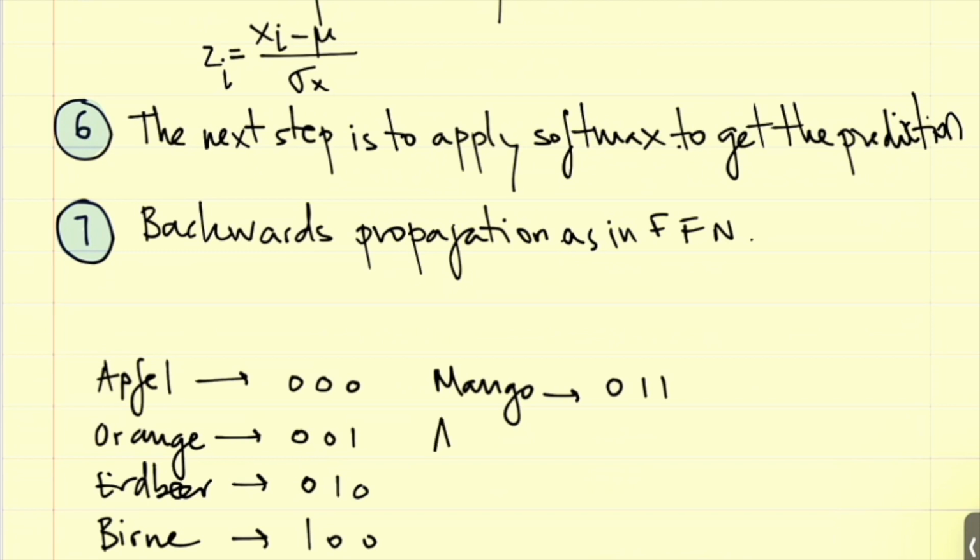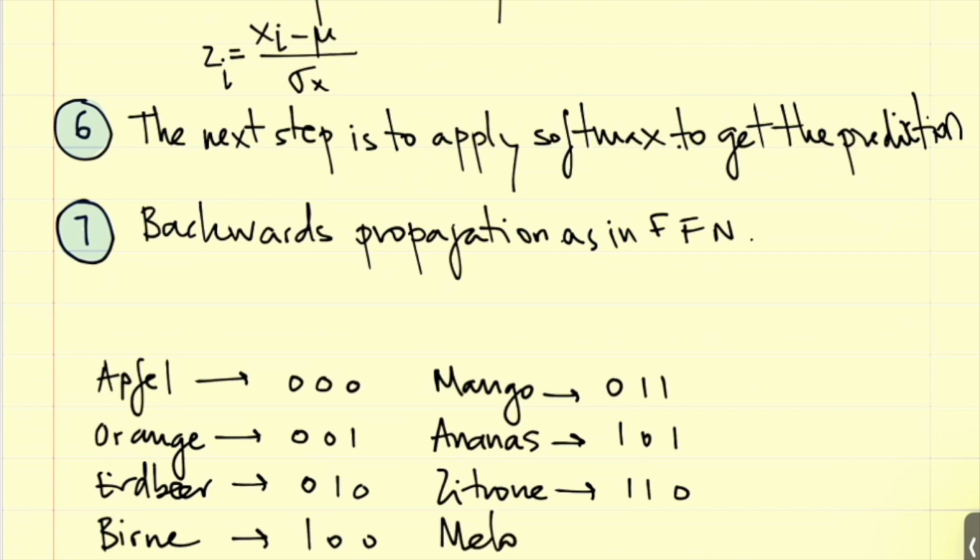Ananas ist 101. Zitrone ist 110. Und sag mir noch eine Obst, Melone 111.